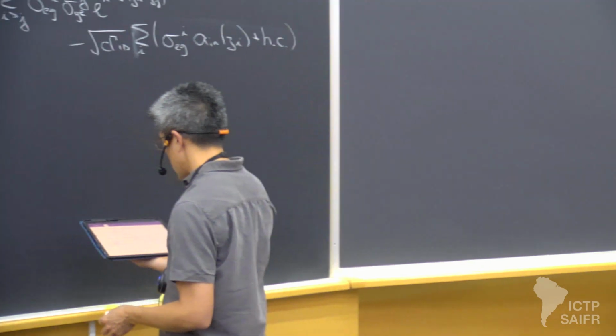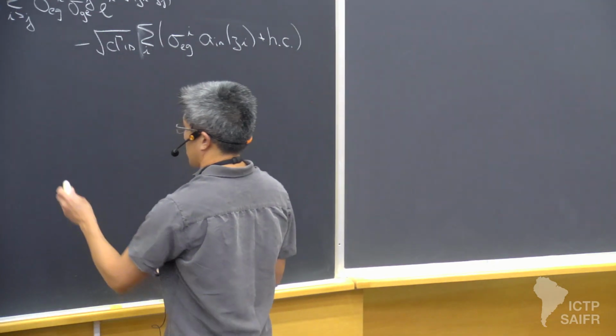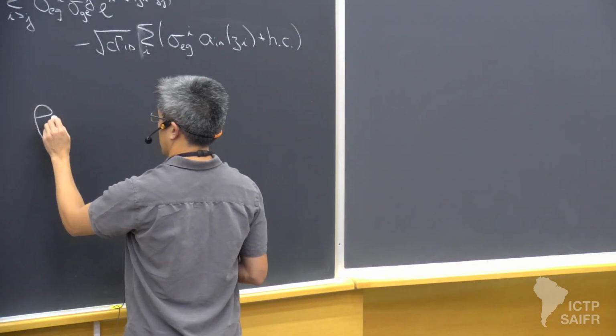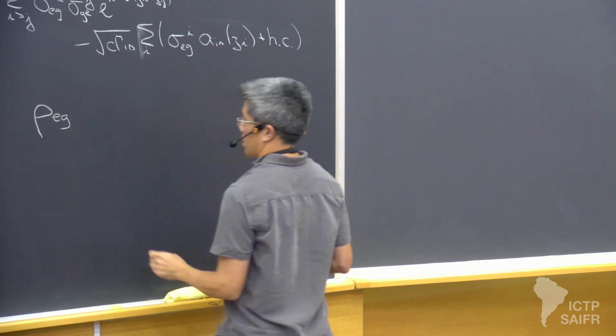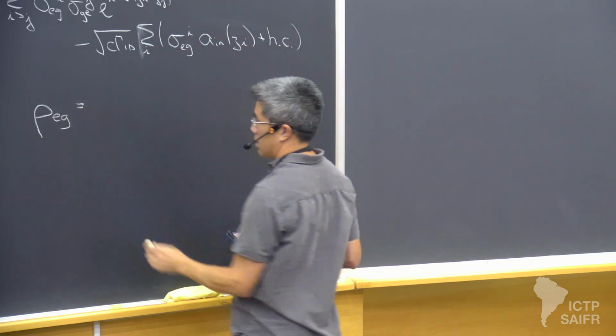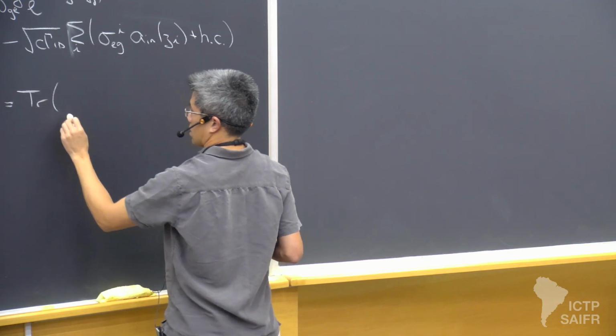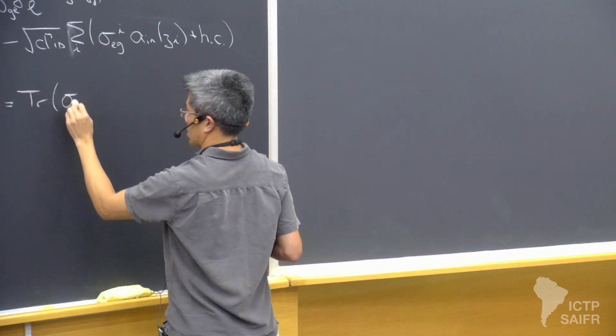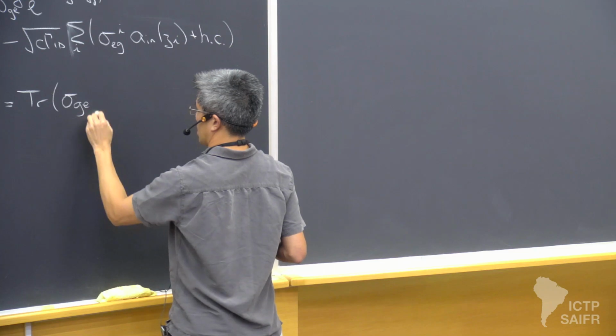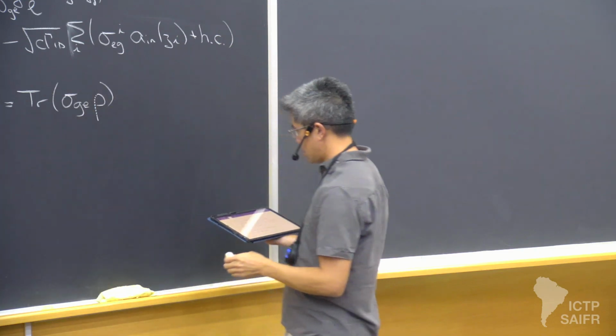Okay. So then, if you do that, you'll get the following equation for the atomic coherence. So rho eg is the trace of sigma ge times rho.